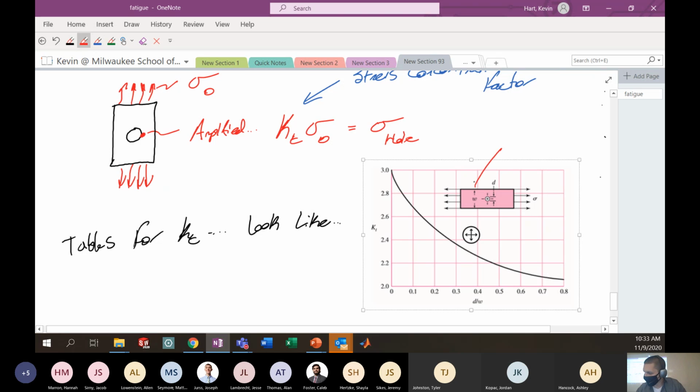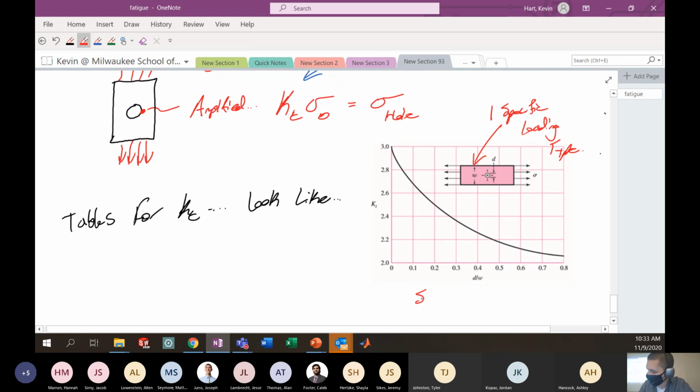So this is for one particular type of loading, obviously an axial load in a plate with a circular hole. This is one specific loading type. And these charts that you see are usually for static conditions. Static, meaning if I was just pulling it in one direction.